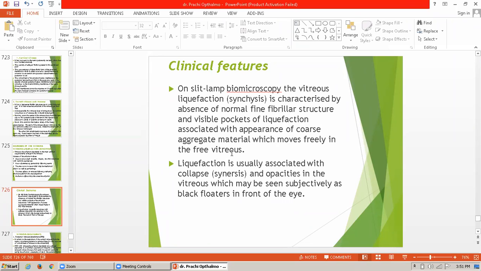Liquefaction is usually associated with collapse, syneresis, and opacities in the vitreous, which may be seen subjectively as black floaters in front of the eye.